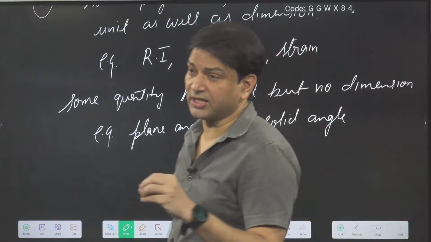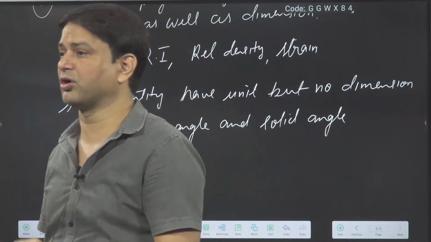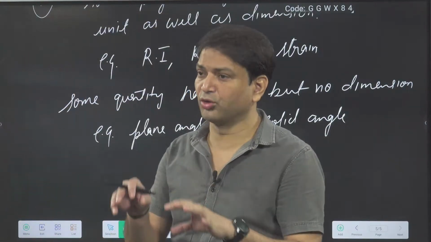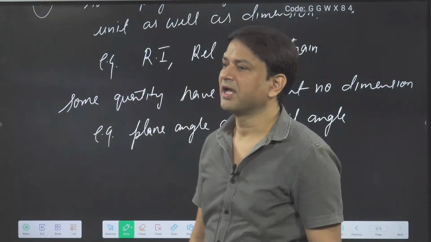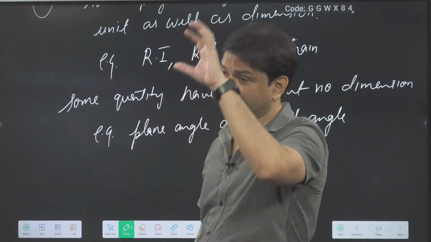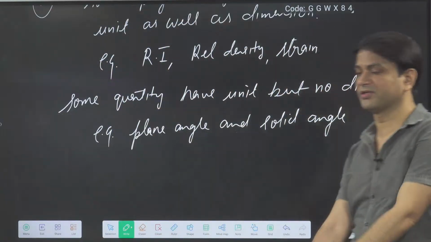Anybody can say any example in the opposite case, where dimension is there but unit is not there? Any physical quantity you know where the dimension is there but no unit? Any example? Anybody will say?